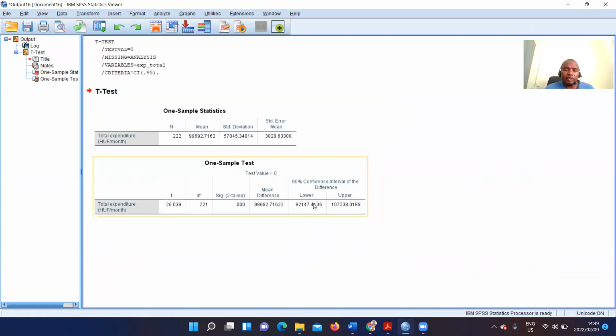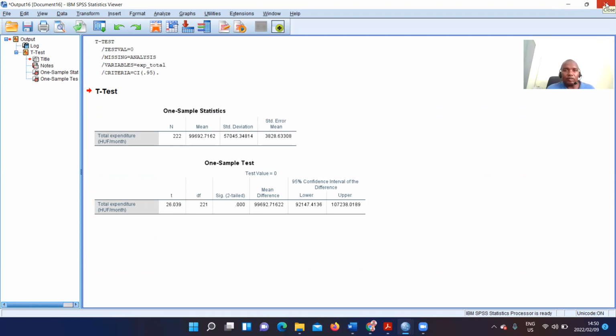The lower bound of total expenditure is 92,147.4136 Hungarian forint, and the upper bound is 107,238,000.02 Hungarian forint. That's our 95% confidence interval. And the T statistic is statistically significant as well.